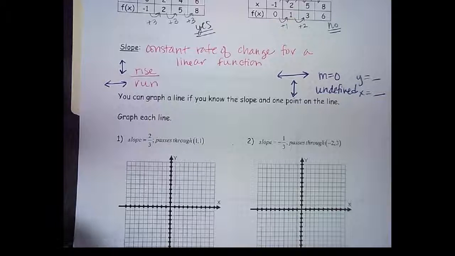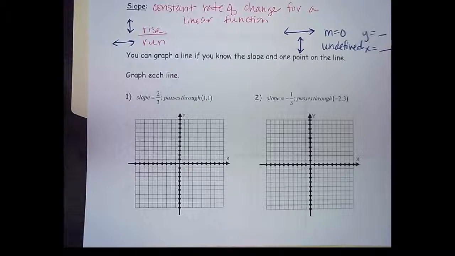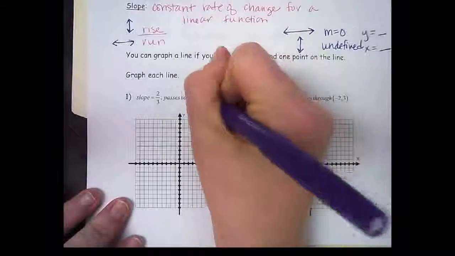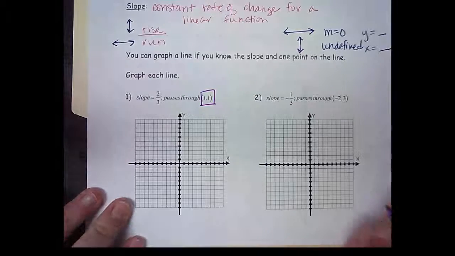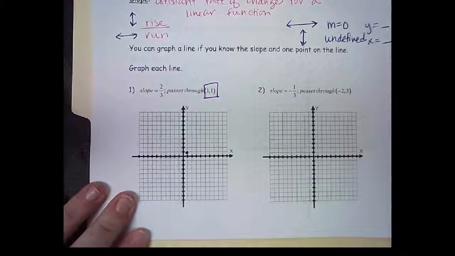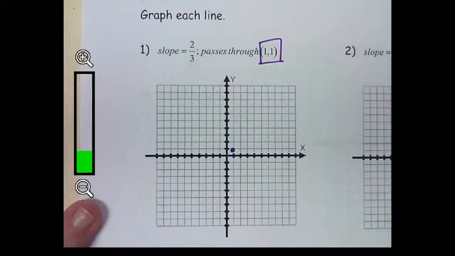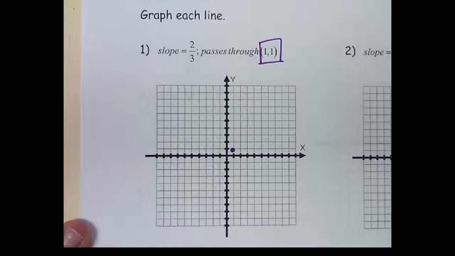So first thing, they're going to give you a slope and a point, and you're just going to graph it. So this isn't too terrible. On number 1, what would you graph first? Yeah, graph this point first. 1, 1. So over 1, up 1. And then we go to our slope. Up 2, right 3.